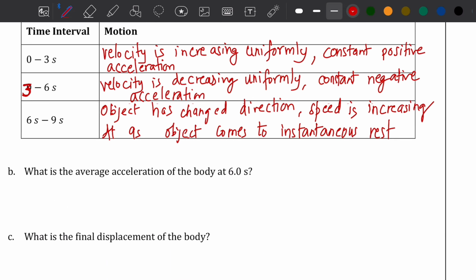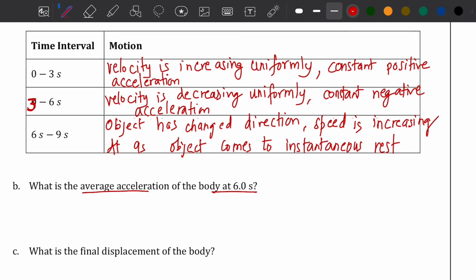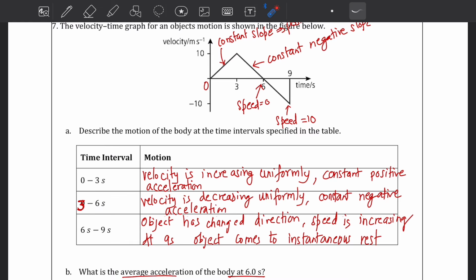Okay, next it's asking what is the average acceleration of the body at 6 seconds. So from a velocity time graph, if we want to find acceleration, we know that it is equal to the slope. So we'll write acceleration is equal to slope, which is equal to y2 minus y1 over x2 minus x1. So at 6 seconds, we can see that there is a line which is passing through that 6 seconds.